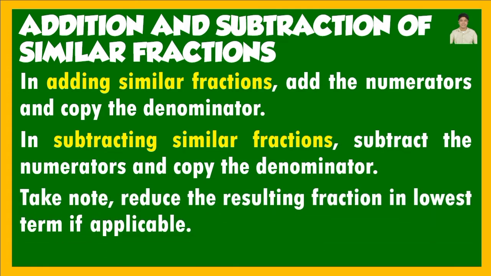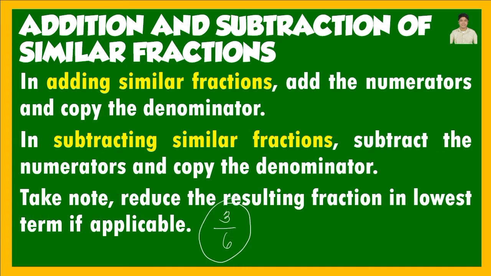Take note, reduce the resulting fraction to lowest term if applicable. So, kailangan po nating i-consider na nilo-lowest term or sinisimplify po natin yung ating mga sagot. Like for example, if our answer is 3/6, this is not our final answer. We have to simplify 3/6. How do we simplify fractions?